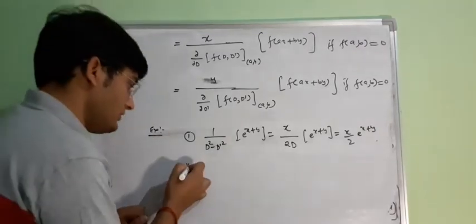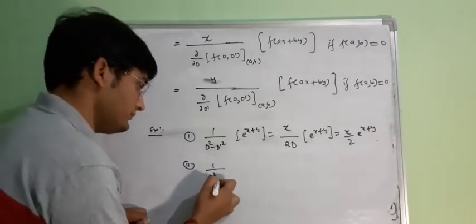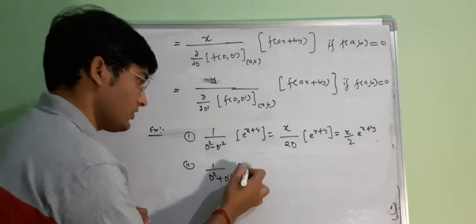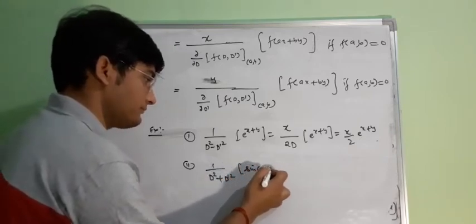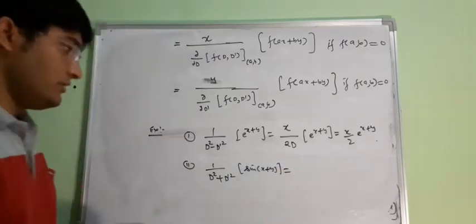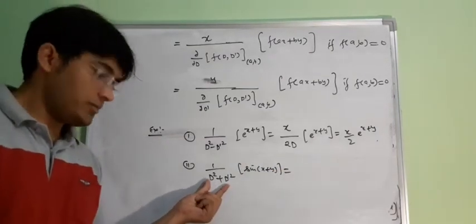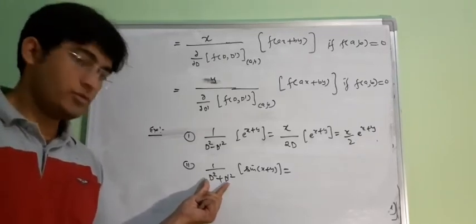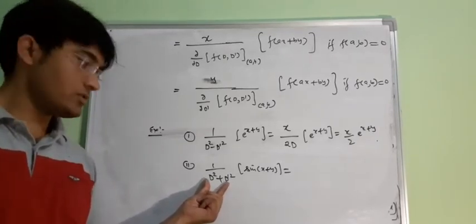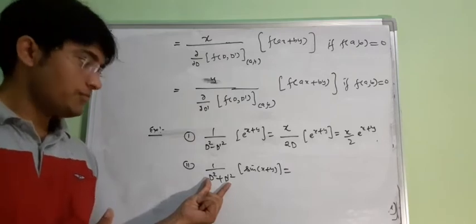And now suppose that this is D squared plus D' squared of, say, sin(x + y). Here you can see that the degree of this homogeneous term is 2.